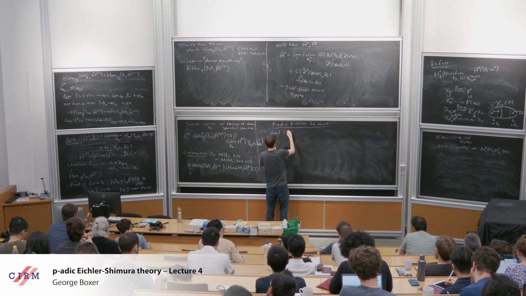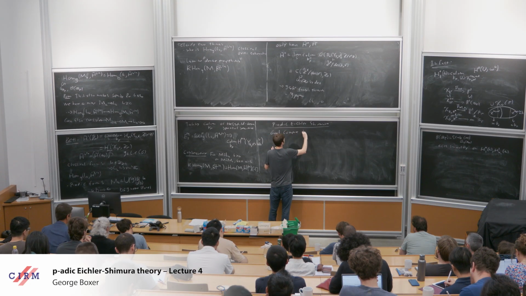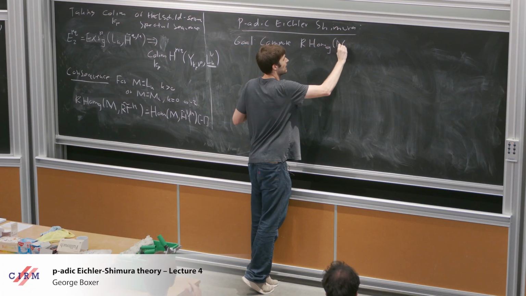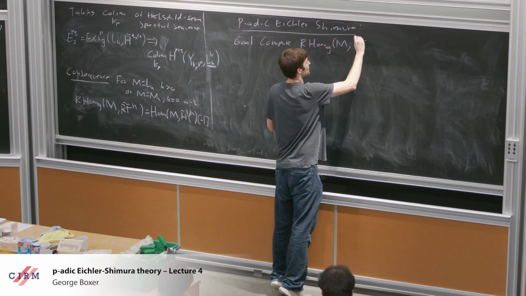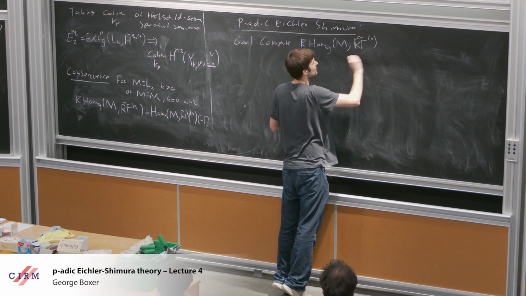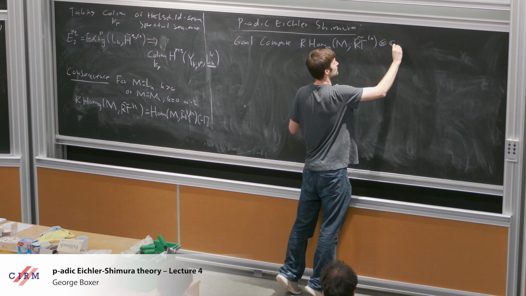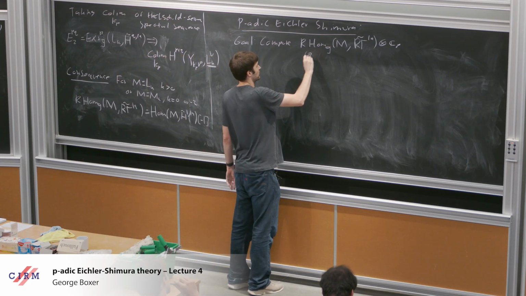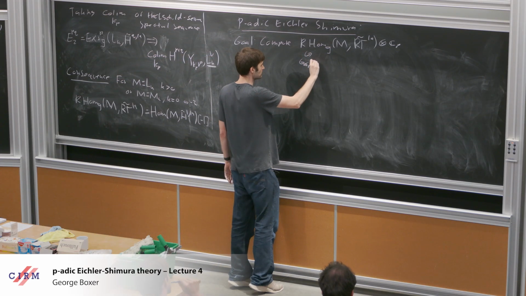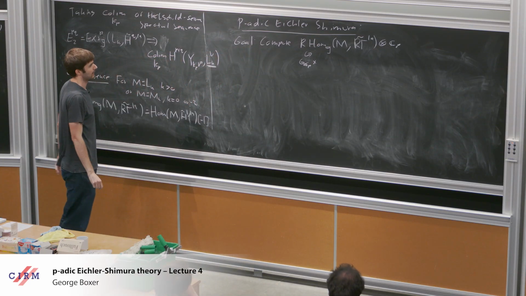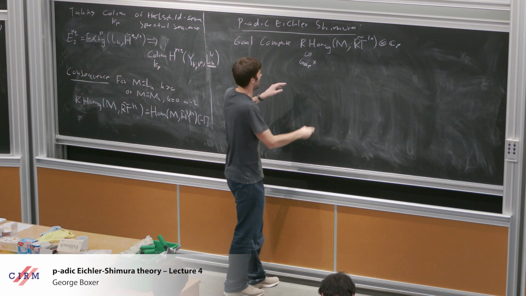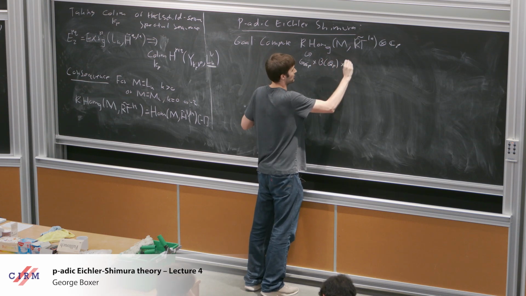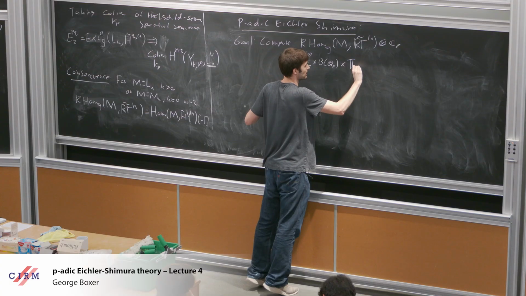So we want to compute RHom_G of M, R gamma twiddle LA tensor C_p, together with its action of G_{Q_p} and its action of B_{Q_p} and maybe its action of some Hecke algebra away from p.